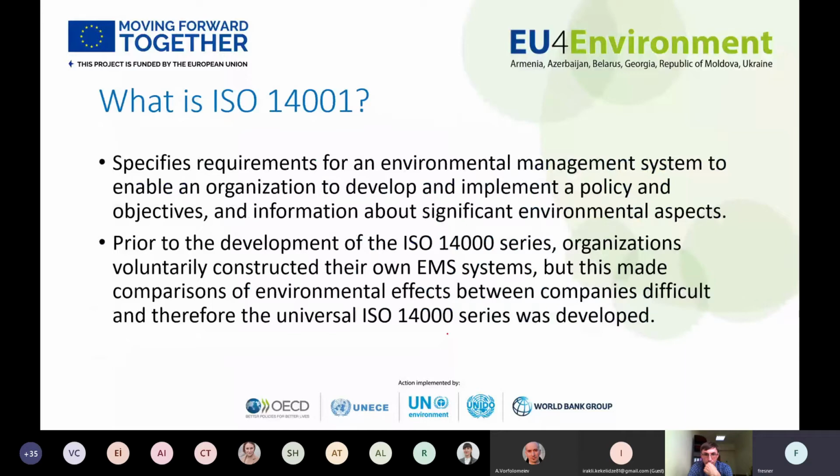What is in this context ISO 14000? It's an international standard. You will find it on the SharePoint in a version which is strictly for organizational purposes. So unfortunately, this cannot be shared, but for your information, there is a version of this standard there.